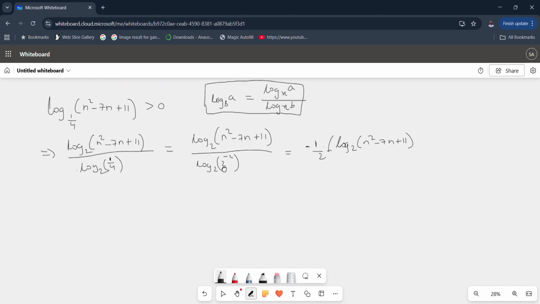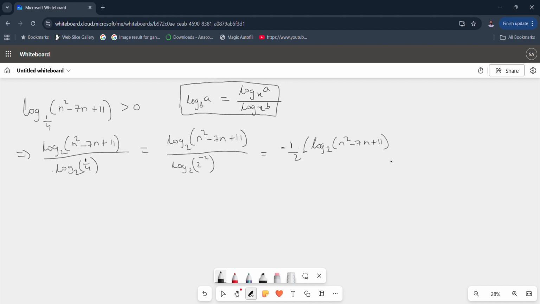Now it is given that this expression should be greater than 0. So let's multiply both sides by minus 2.